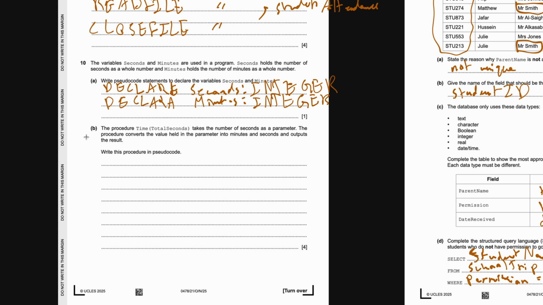So for part B, the procedure time, total seconds, takes the number of seconds as a parameter. The procedure converts the value held in the parameter into minutes and seconds and outputs the result. Write the procedure in pseudocode. Okay, so firstly, any procedure starts with the word procedure, right?